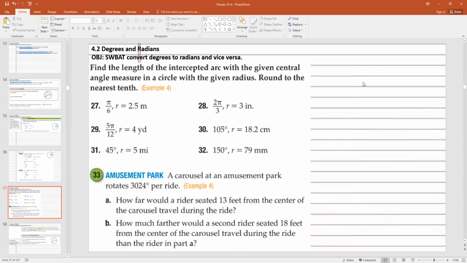I'm going to move this over so I have space on the right side. I'll do 29, and then why don't you do 27? Notice that these are already in radian form.